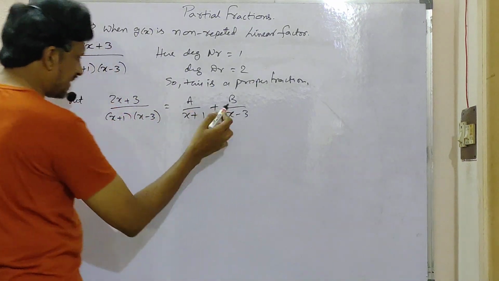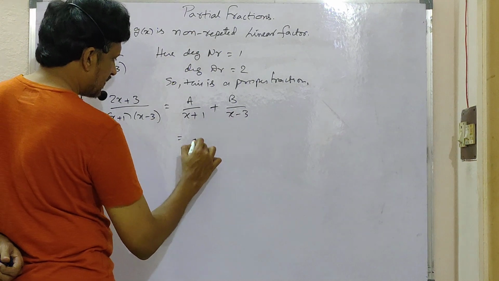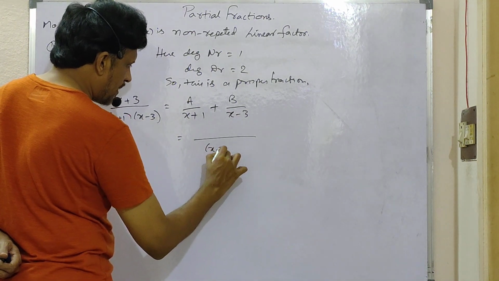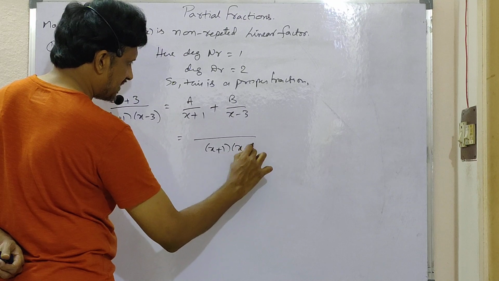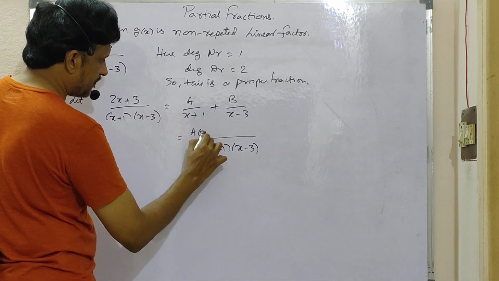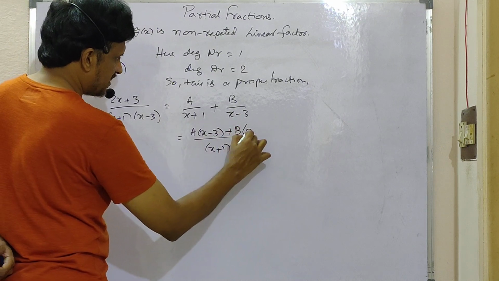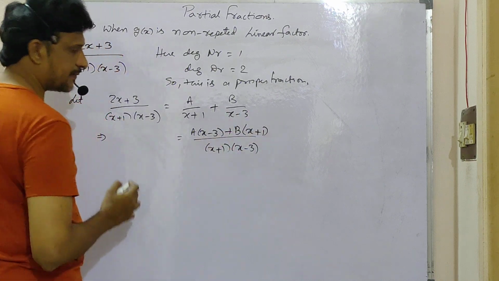Now, by taking the LCM here, you get the product of the two denominators, (x plus 1)(x minus 3), as the LCM, then a into (x minus 3) plus b into (x plus 1) in the numerator.